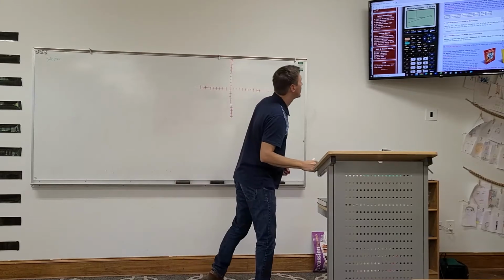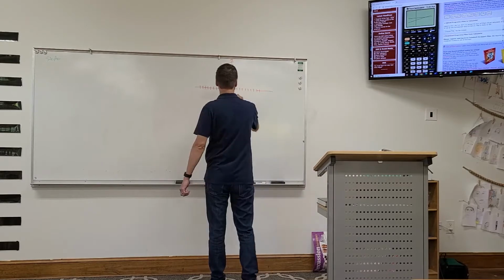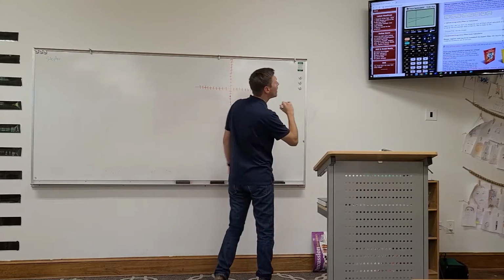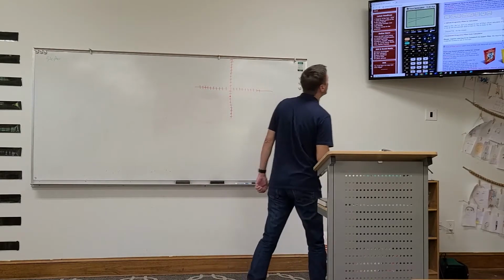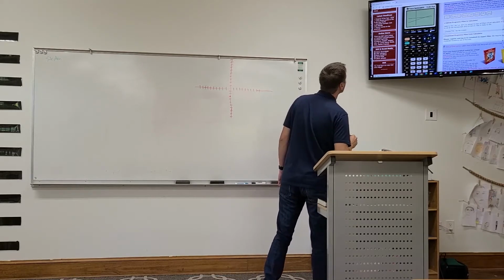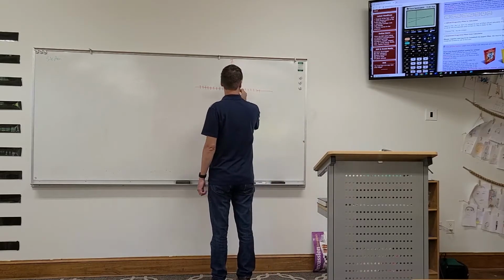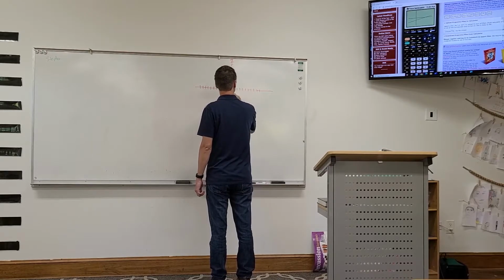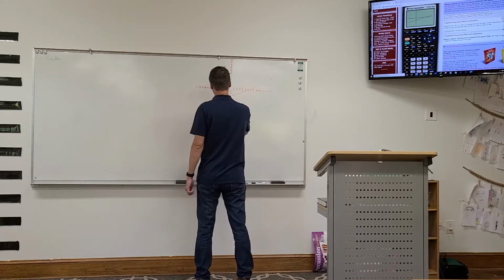So the graph looks like it's passing through 3, and maybe 1, 2, 3, 4, 5, 6, a little bit past the 6, maybe somewhere around here. So it looks something like that.